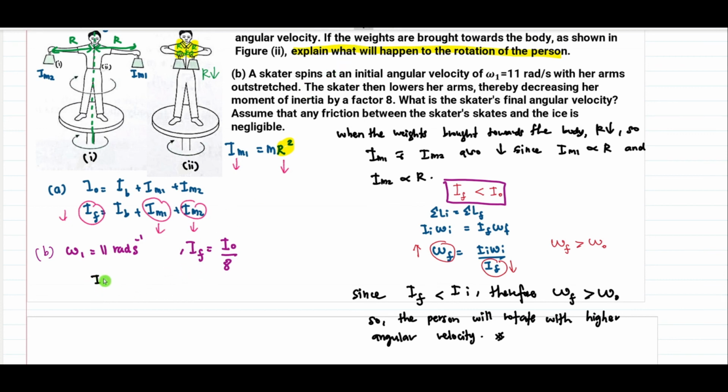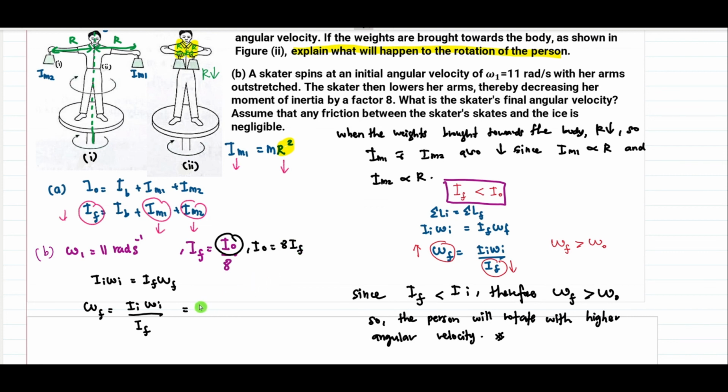I initial omega initial equals I final omega final, so omega final is equal to I initial omega initial over I final. We do not know I initial, but we can rearrange this equation: I initial is actually equal to 8 I final.